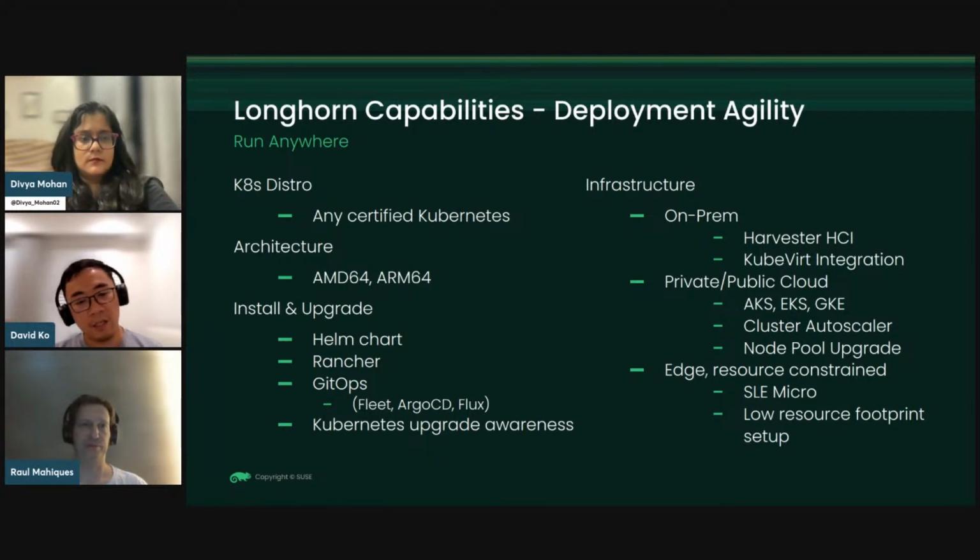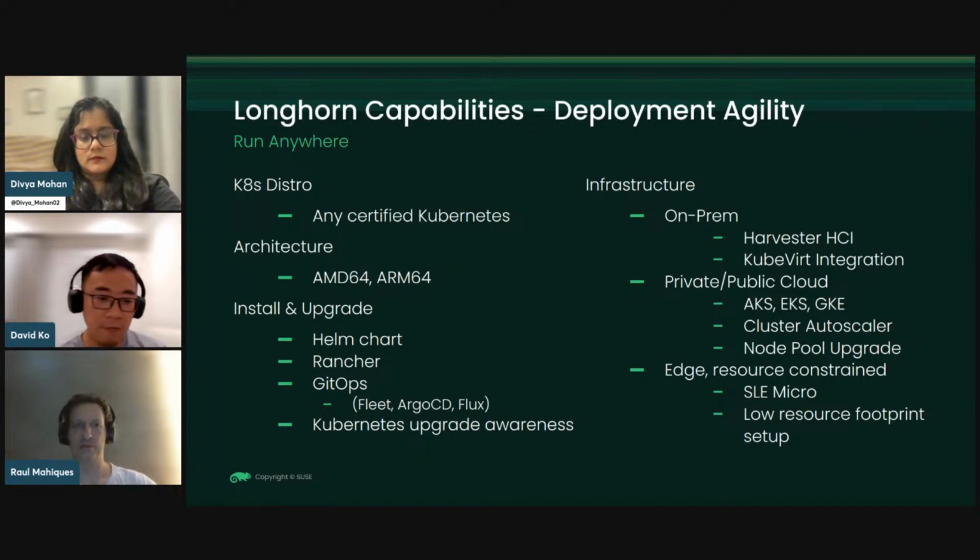We have a dedicated QA testing pipeline for these GitOps solutions to make sure each Longhorn release can be managed well by them. And if we talk about upgrade, you can use Helm, Rancher, or GitOps to do that.